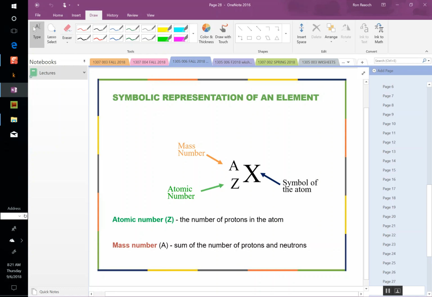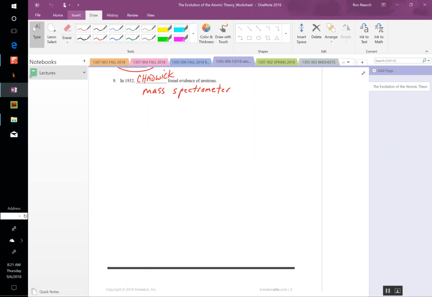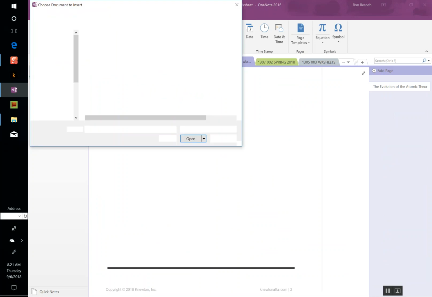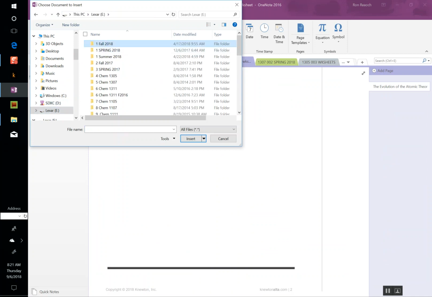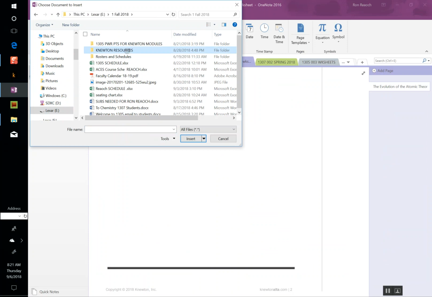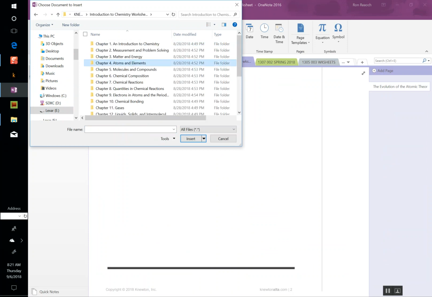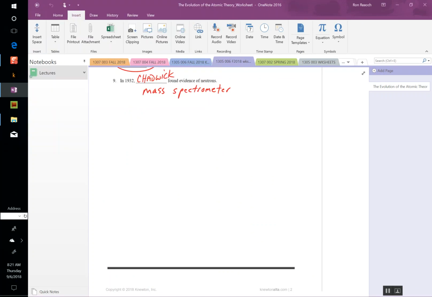I want to get this worksheet up here. So M2 is that worksheet.